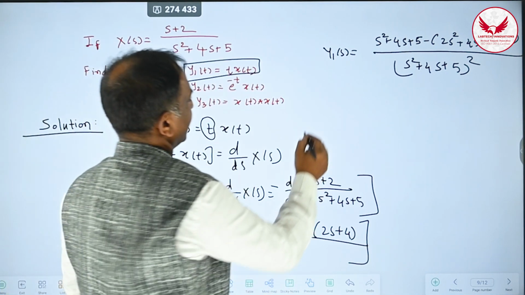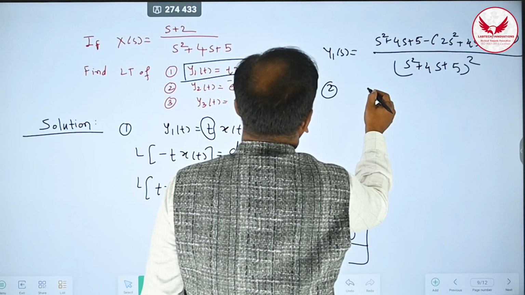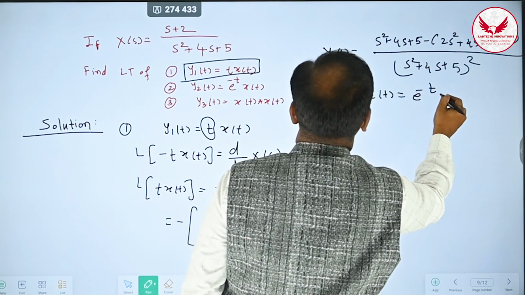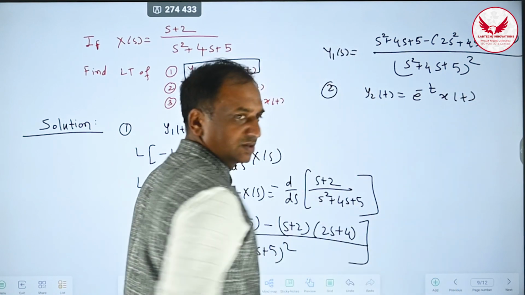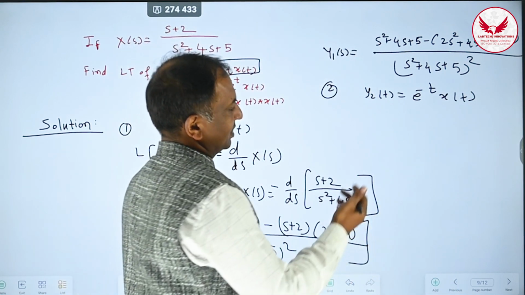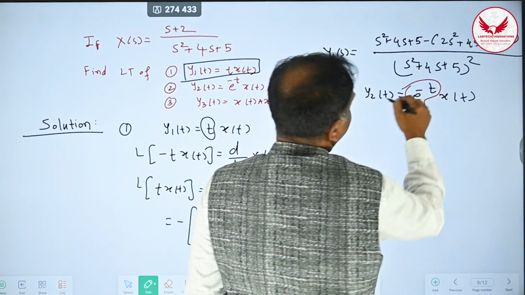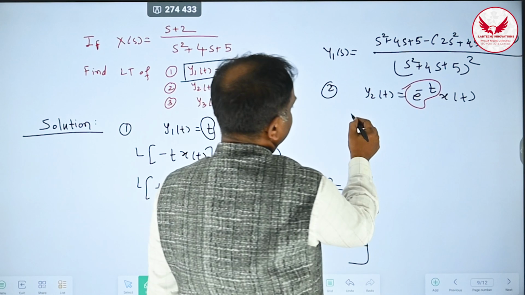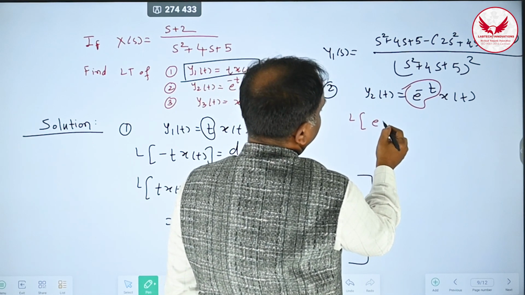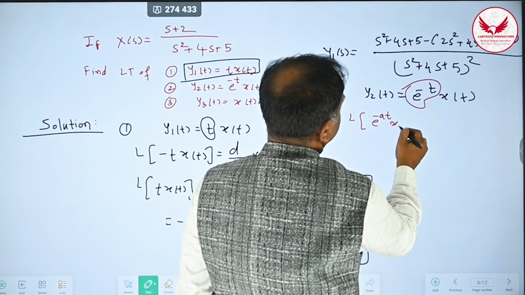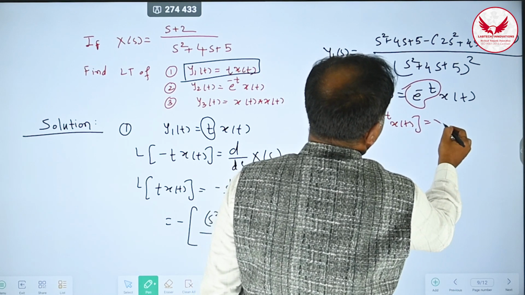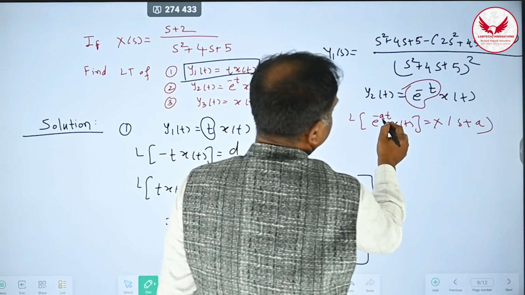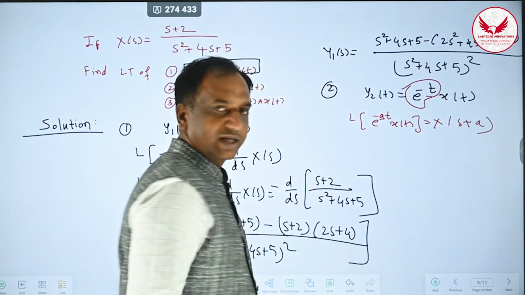The second, they have asked us to find out the Laplace transform of y2 of t, which is equal to e raised to minus t into x of t. We have seen the property, when the signal is multiplied in the time domain by e raised to minus at, that is equivalent to the frequency shifting property. So the Laplace transform of e raised to minus at into x of t is equal to x of s plus a. Now if you compare this a with this, a is equal to 1.